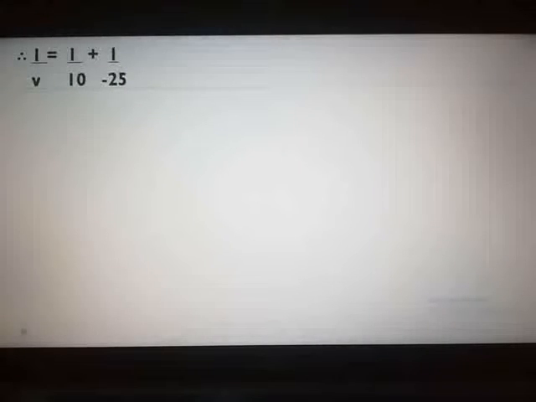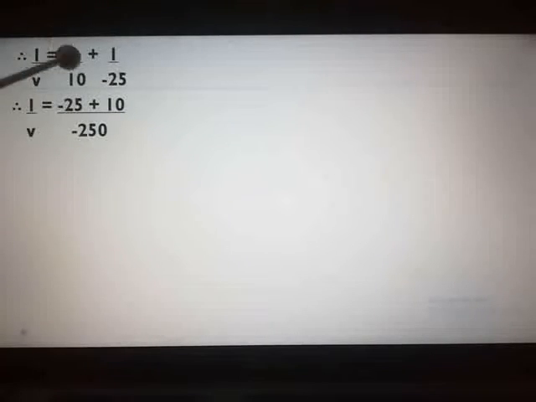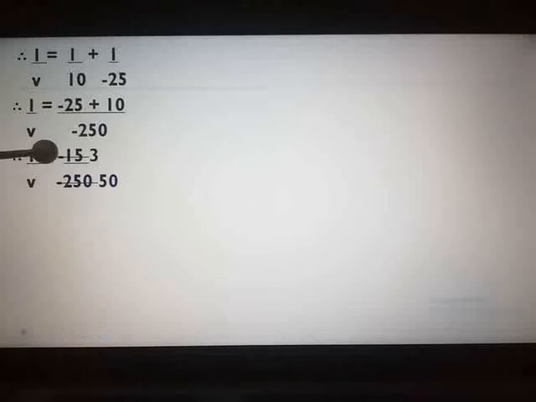Cross multiplication, now calculations how to do, it is up to you. Minus 25 multiplied by 1, minus 25, plus 10 ones are 10, upon minus 25 into 10 comes out to minus 250. So 1 upon v is equal to minus 25 plus 10, minus 15 upon minus 250. Minus minus gets cancelled off, 3 upon 50.